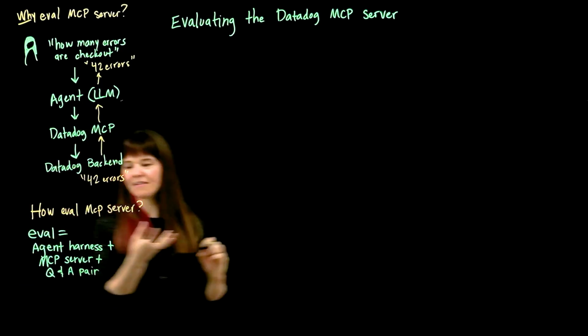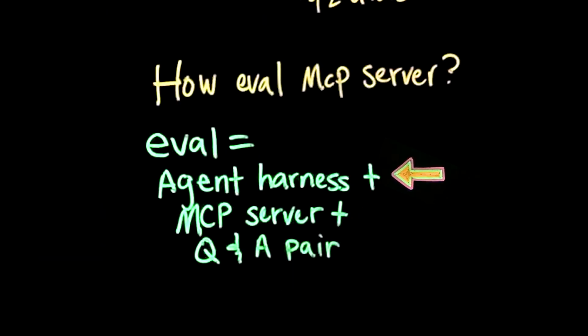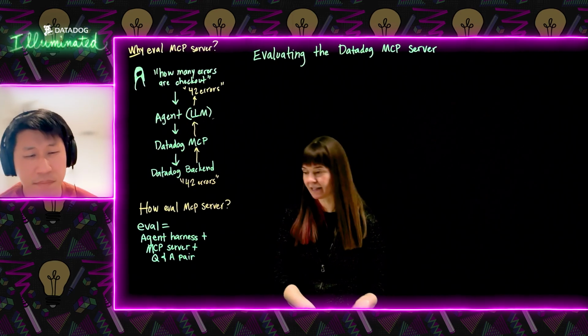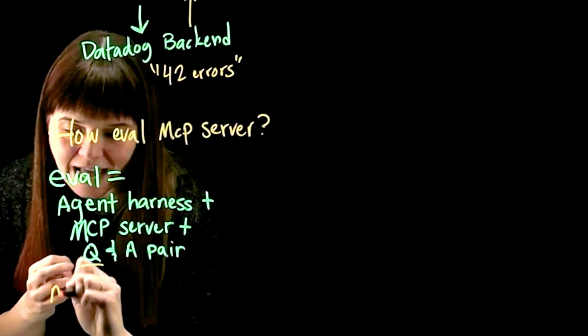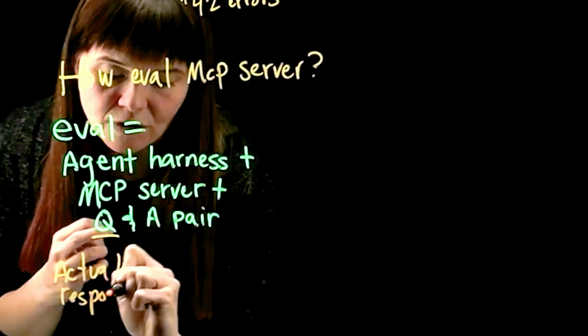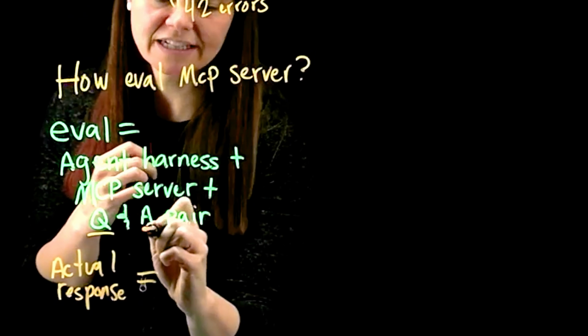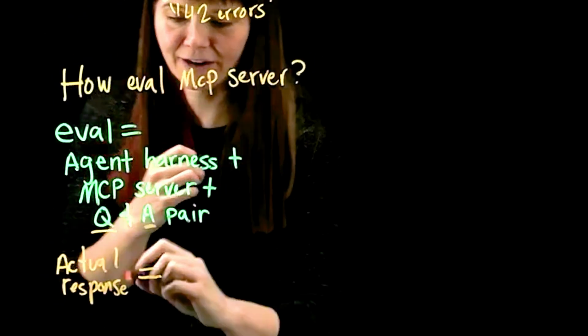So an eval has 3 ingredients: an agent harness, the Datadog MCP server, and a Q&A pair. Basically, you want to ask the Q of the Q&A pair through the stack, and you want the actual response to equal the expected response as defined in the A of the Q&A pair. It doesn't have to be exactly the same.